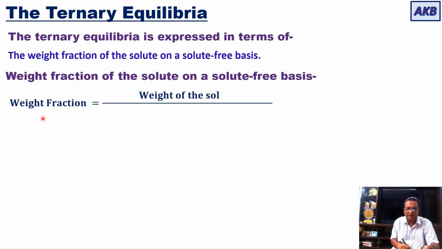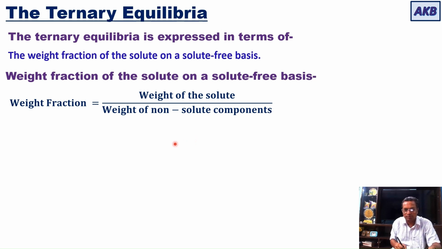It is defined in this way. Weight fraction of the solute on solute-free basis is equal to weight of solute in the mixture divided by weight of non-solute components, weight of the other components. So, while calculating this weight fraction, weight of the solute is not considered in the denominator. We are just considering the weight of non-solute components.